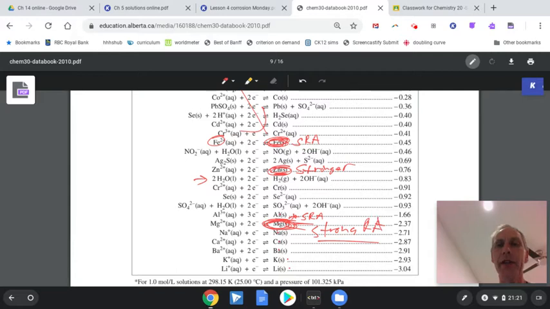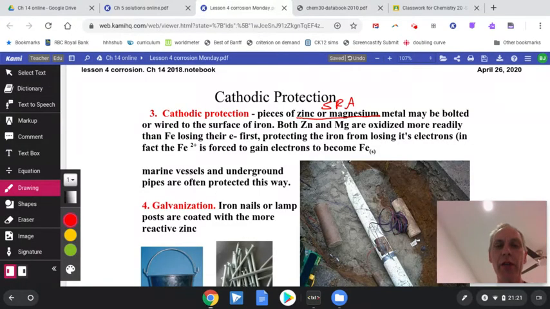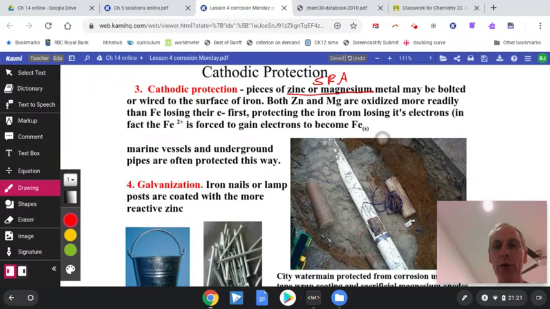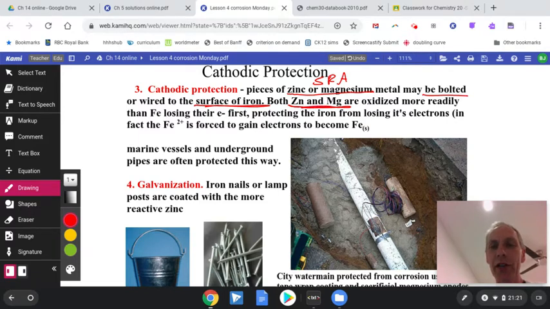And what that means is, for cathodic protection, you literally bolt or strap the zinc or magnesium onto the surface of the iron. Why would you do that? Because these are stronger. They will oxidize more readily and lose their electrons first, protecting the iron. So what you're really doing is putting a stronger reducing agent on the iron so it loses its electrons first, which protects the iron and prevents it from losing its electrons.